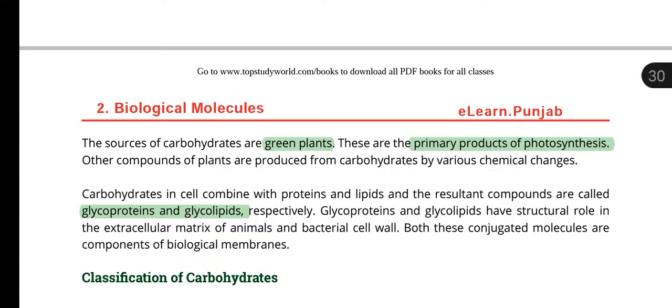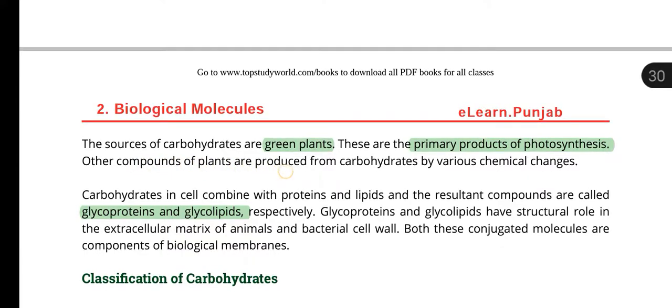A question may come in your exam like: what is the direct product of photosynthesis? The answer may be carbohydrate, but to be very specific, the answer will be triose. The triose is the direct product of photosynthesis.